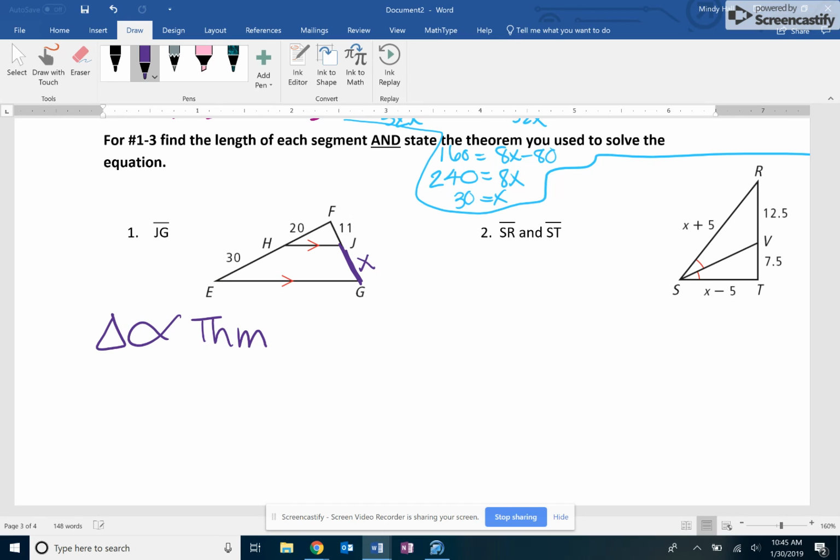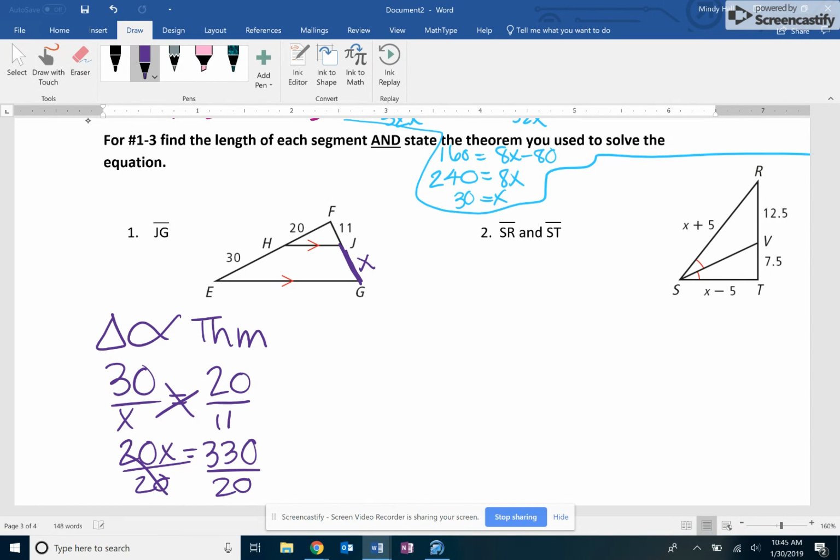And we just have to set up the proportion. You can set it up a bunch of different ways. I'm going to set it up 30 over x equals 20 over 11. So we'll cross multiply to solve that. So that gives me 20x equals 330. And when we divide by 20, x will equal 330 divided by 20, which is 16.5.